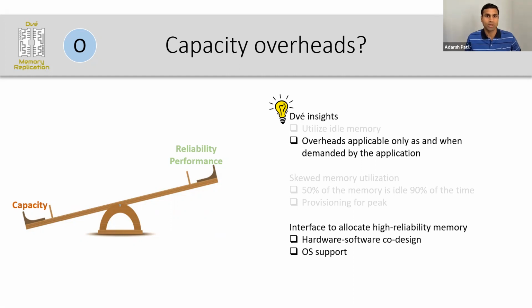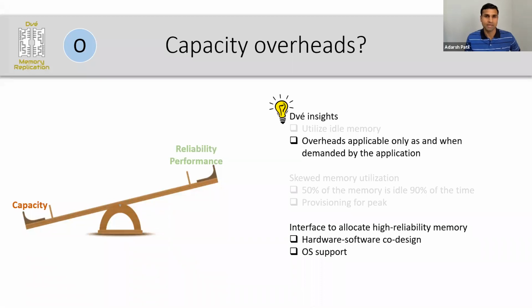Secondly, DWE's overheads are applicable only as and when demanded by the application, unlike today's reliability schemes, which have fixed overheads at design time. For this, DWE provides an interface by which applications can allocate high reliability memory for only certain regions of their memory selectively.